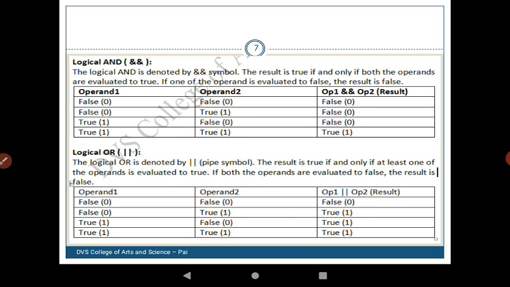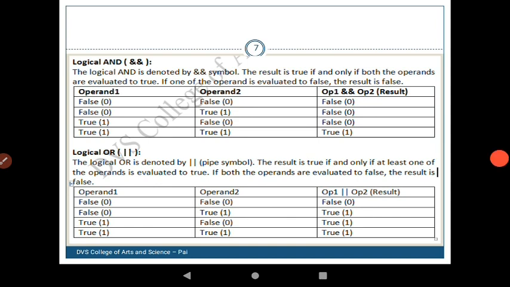Suppose operand 1 is 0 and operand 2 is also 0, then the result will be 0, that is false only. Second set of inputs. Suppose operand 1 is 0 and operand 2 is 1, then the result will be false.